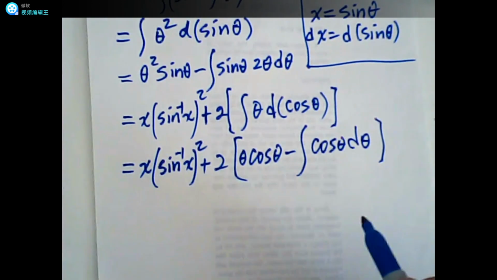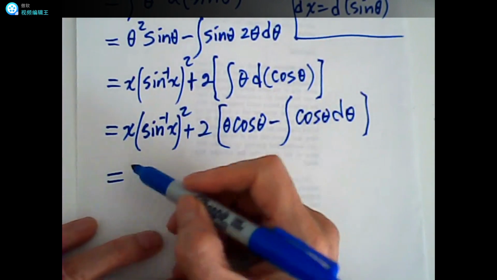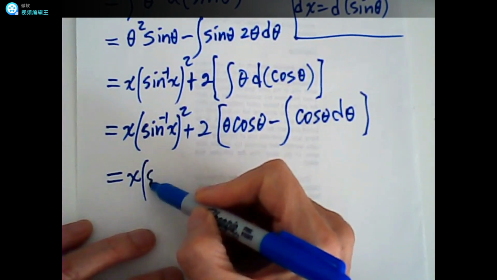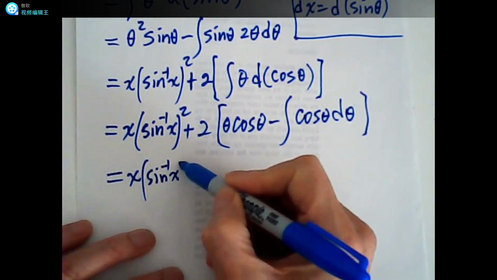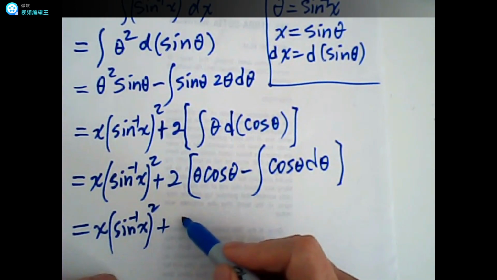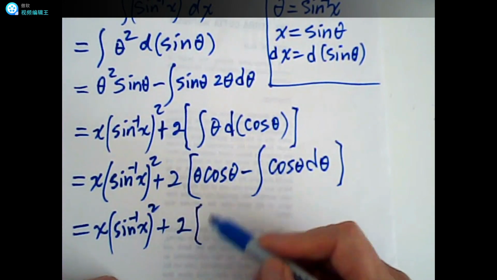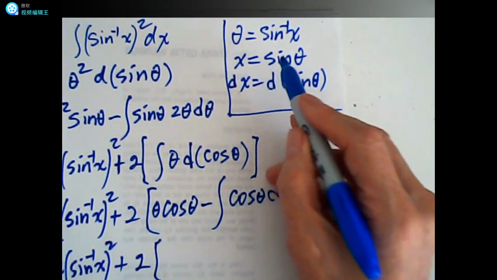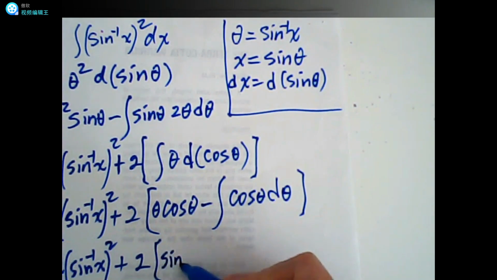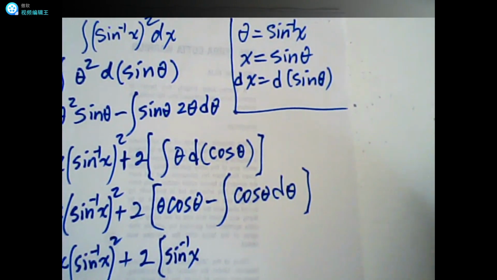So this one is equal to x arcsine x squared plus 2, with theta as arcsine x, times cosine theta, minus the integral of cosine theta d theta.